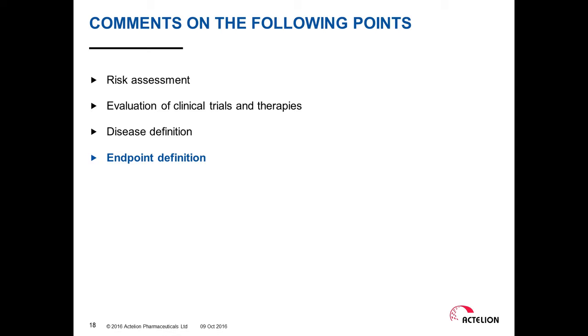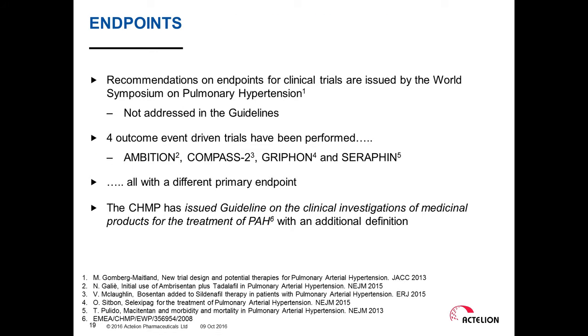And last but not least, the endpoint, and I was very, very pleased to have this discussion. The endpoints are usually not part of the guidelines, but are part of the recommendation from the World Symposium on Pulmonary Hypertension.